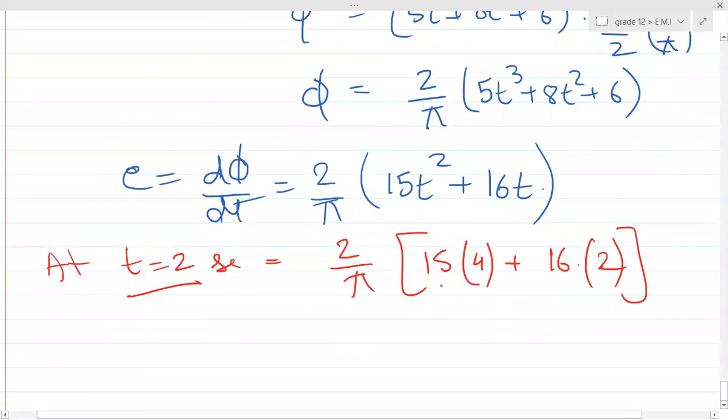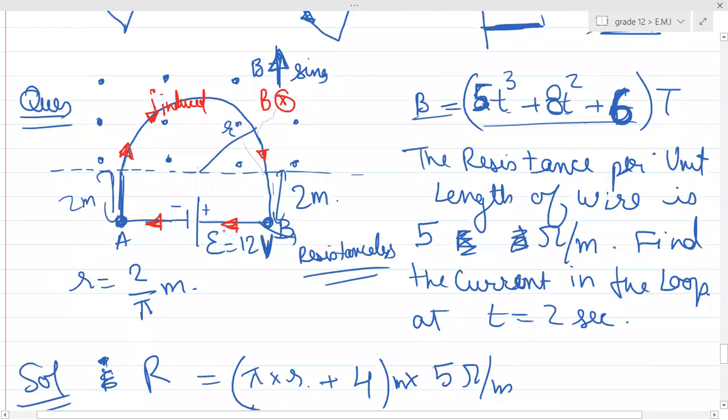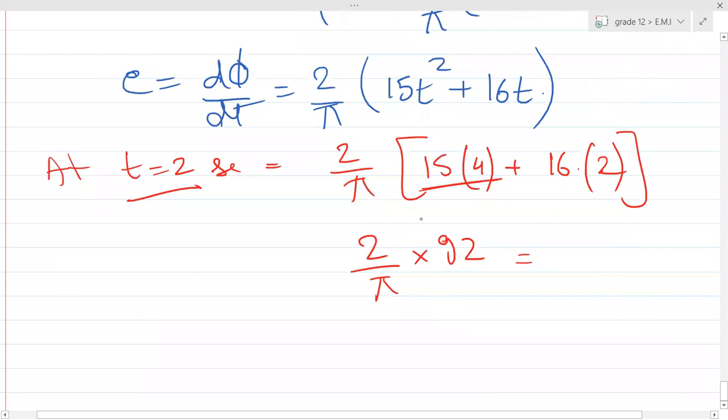Can anyone calculate this for me? 60 plus 32, 92. So 2 by pi into 92. What is it? 184.